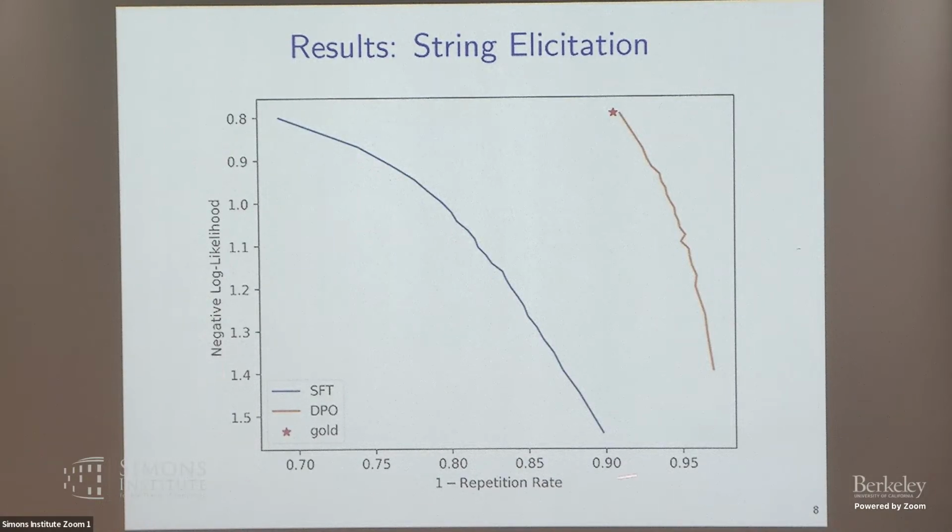Then you can look at 1 minus the repetition rate, which is the bigram overlap between the prefix and suffix. So if you were down at 0, that would mean it was just repeat after me. If you're up at 1, there's basically no repetition. And then this star point here is the gold answer.